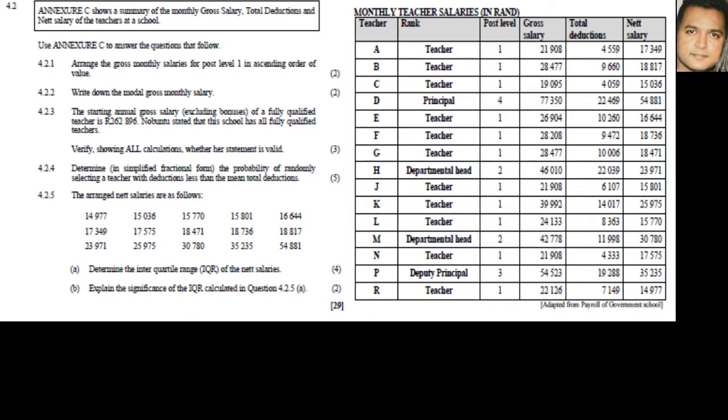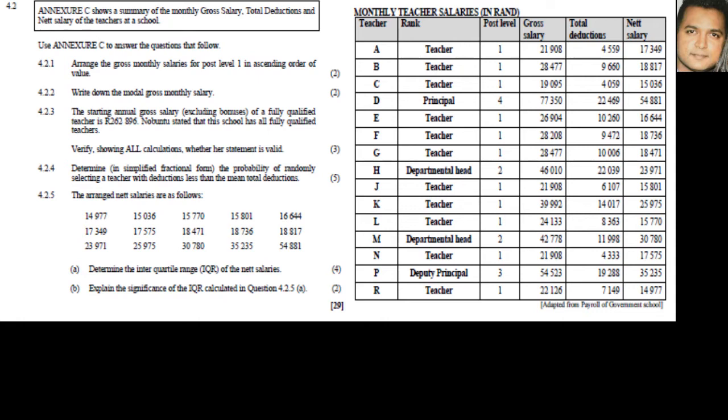Now remember, qualified teachers will earn a certain annual amount, which they told us is 262,896. Now in order for us to see if she is right, remember, what's presented before us on the annexure is our monthly salaries, but the question has given us an annual salary. So all we just need to do is divide by 12.